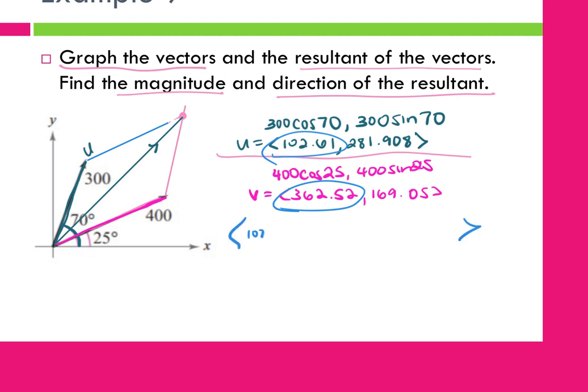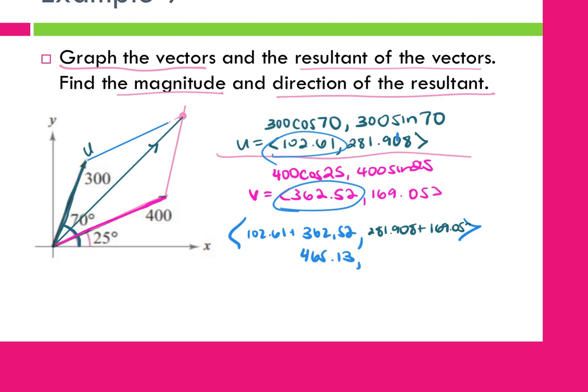And then I'm going to add the two y's, 281.908 and 169.05. 102.61 plus 362.52 is 465.13. 281.908, I don't know why I went three decimal places on that.